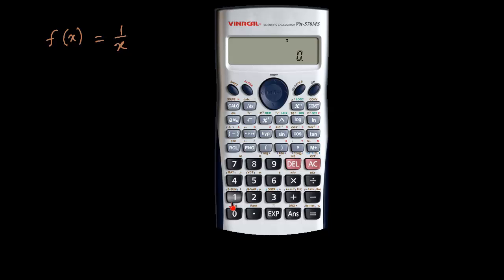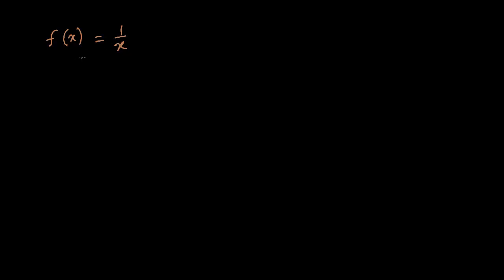So when we have 1 divided by 0, we can see that it's a mathematical error. So x can be any value, the domain can be any real number, but it cannot be equal to 0. You can write x not equal to 0, or x is any real number except for 0.